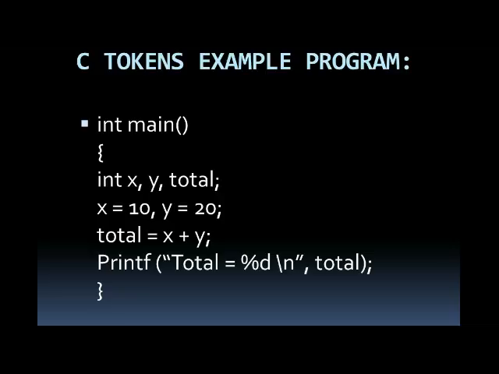Main is an identifier, and next to main there are brackets. That bracket and the curly braces are all called delimiters. Here int is a keyword, and x, y and total are called identifiers.